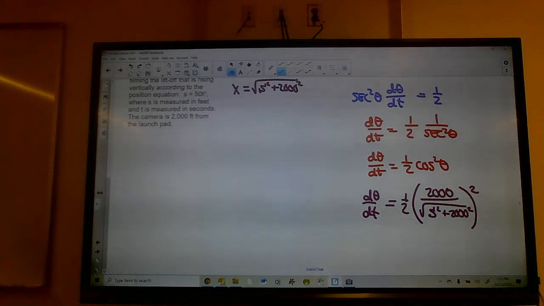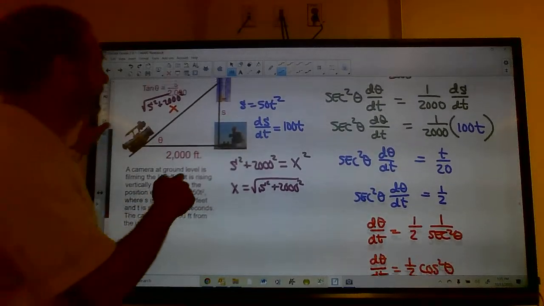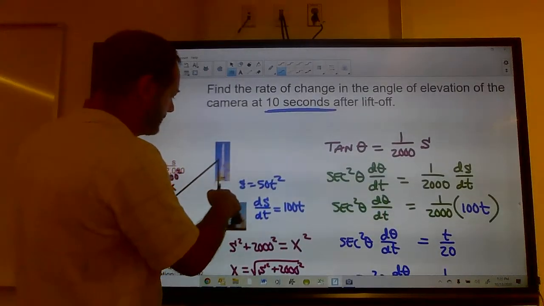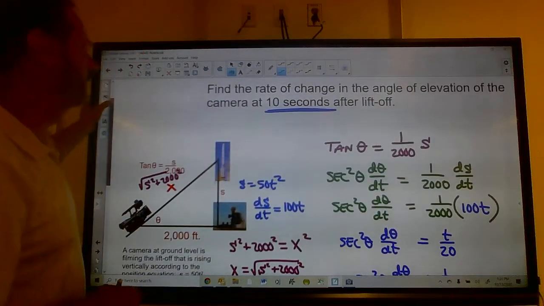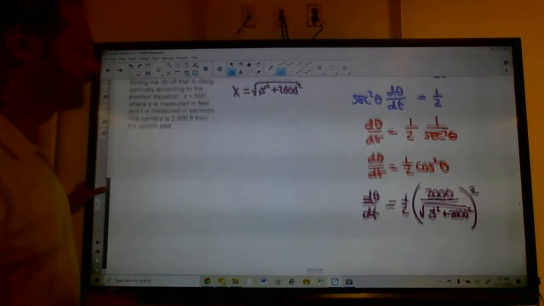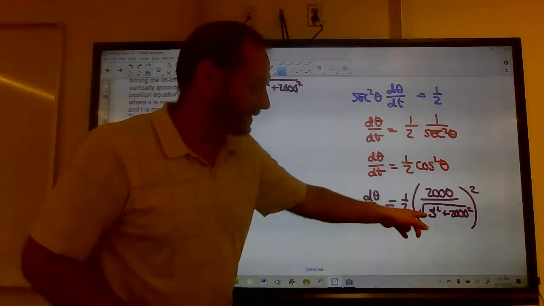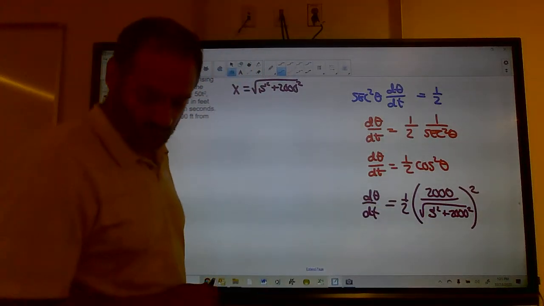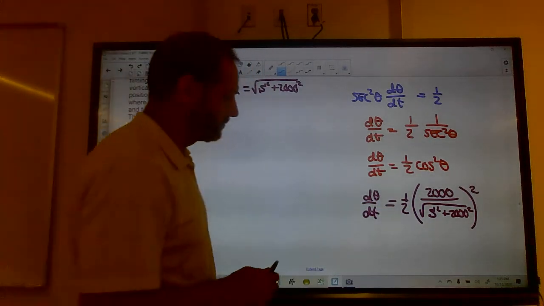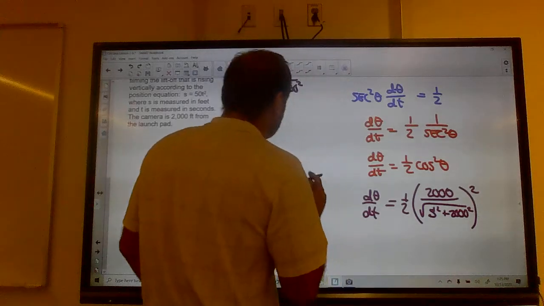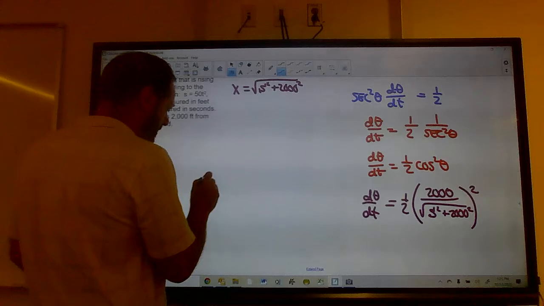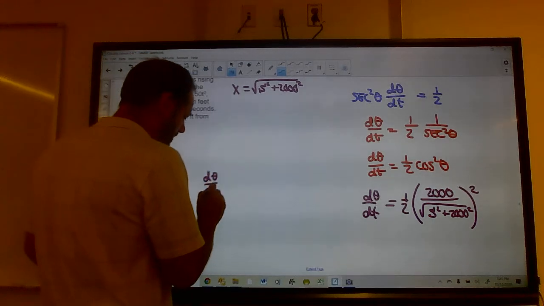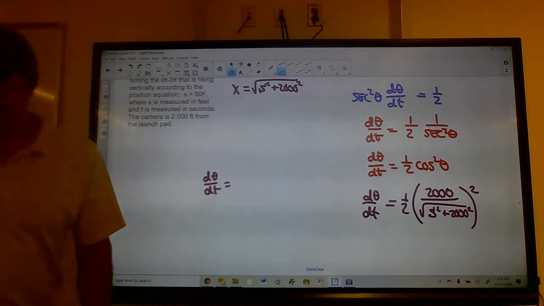Now I know that s is 10 because it tells me that right here. 10 seconds, yep. So I'm going to go ahead and substitute 10 in here. And then I just calculate it. So d theta dt, I'm going to need a calculator for this one.